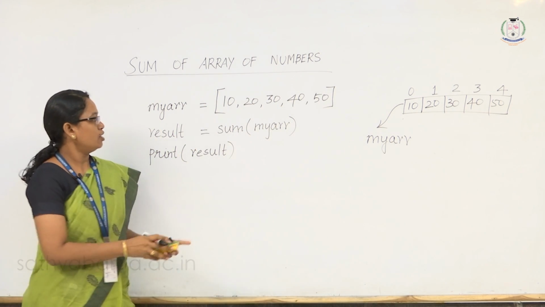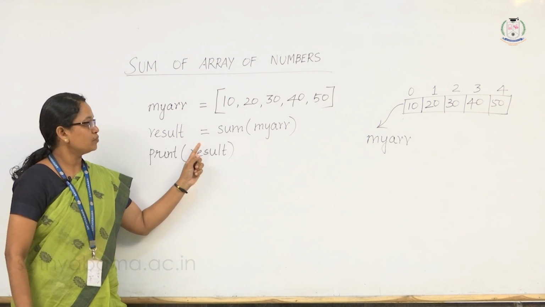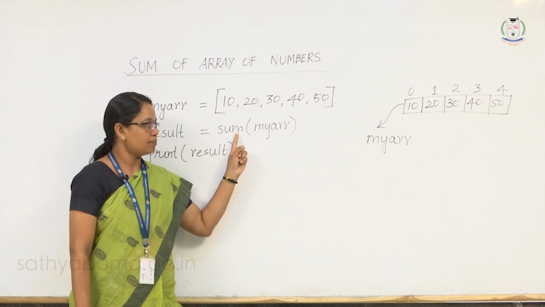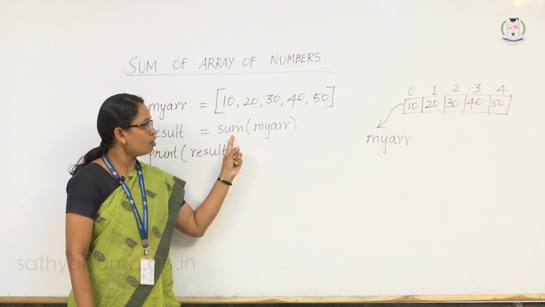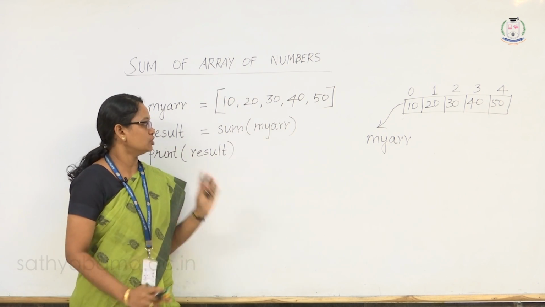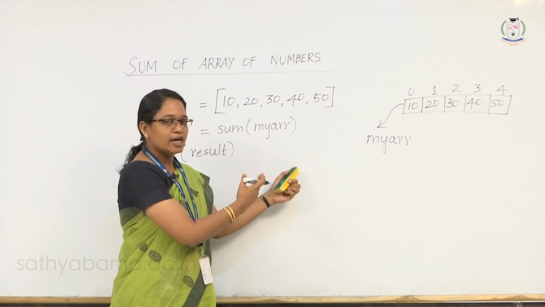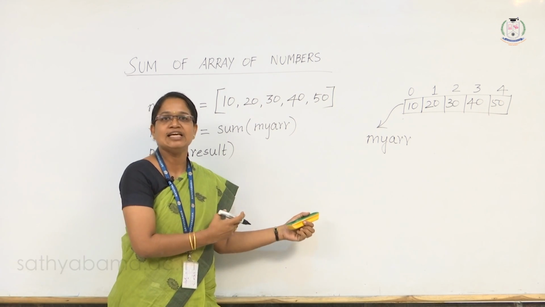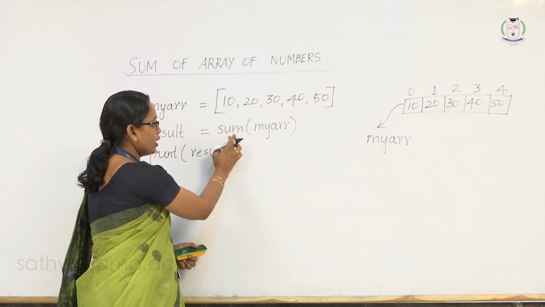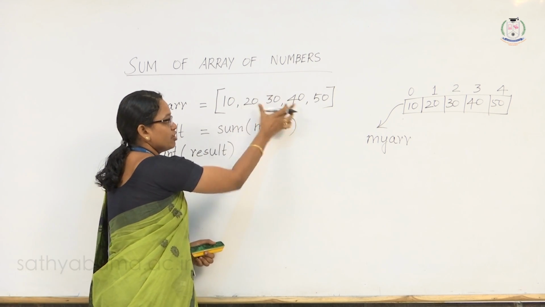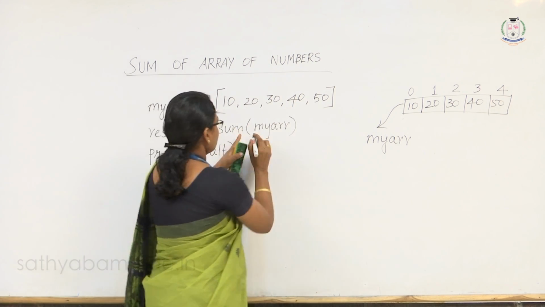In the next line, using the built-in function sum, we are computing the sum of a given set of numbers. An array is nothing but a set of values. Here, we have taken a set of integer values, and we compute the sum of the given set of numbers.